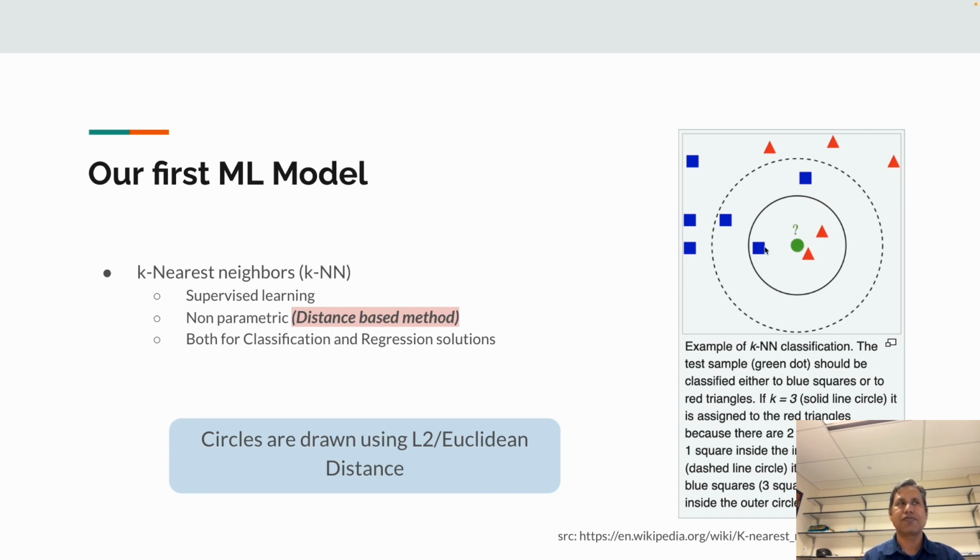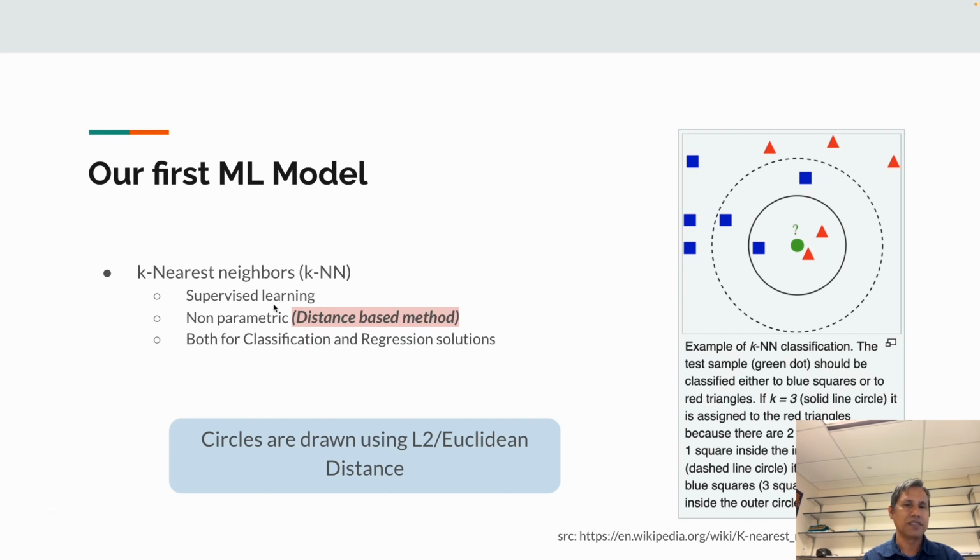If we extend from k equal to 3 to k equal to 5, then we have to take into consideration all the data points that are within this dotted circle. And it turned out that if we choose k equal to 5, then our decision actually changes from a triangle to a square. So that's the general idea of the k-nearest neighborhood model.